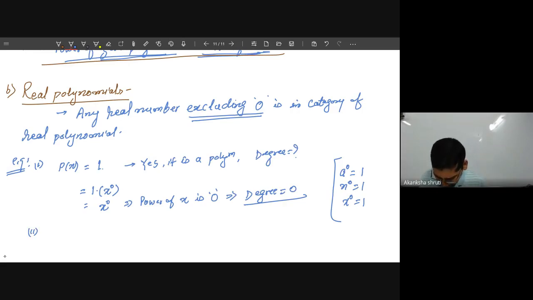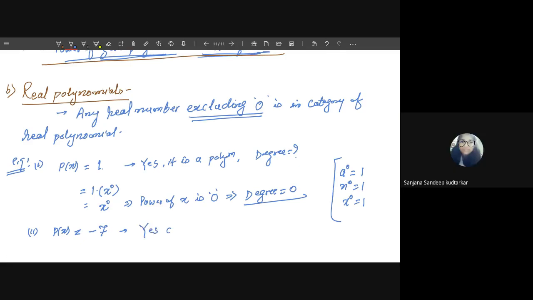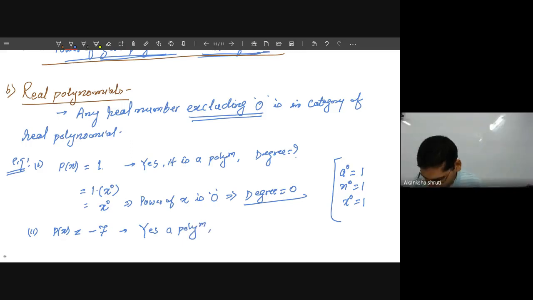If anyone is saying P(x) is equal to minus 7, whether it is a polynomial or not? Tell me whether it is a polynomial, and if it is, which kind? Yes, it is a real polynomial.